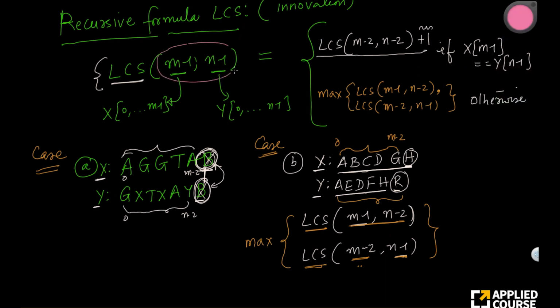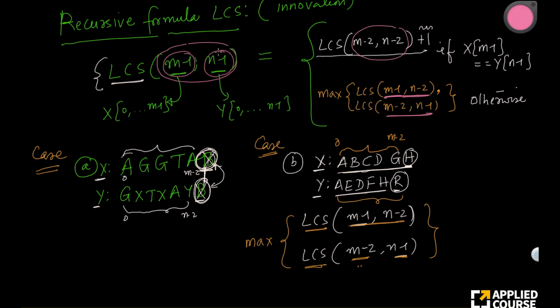Initially, you have a problem of size M minus 1 comma N minus 1, which you are now breaking down into a problem of size M minus 2 and N minus 2, or you are breaking that problem into M minus 1 and N minus 2, or M minus 2 and N minus 1. It's a tongue twister because of M and N, but I hope you understood this, right?